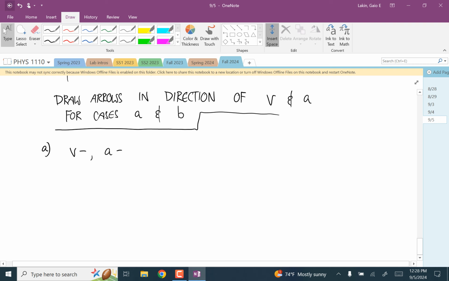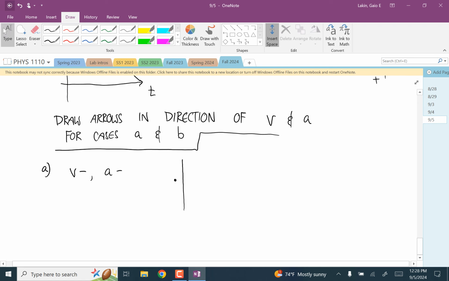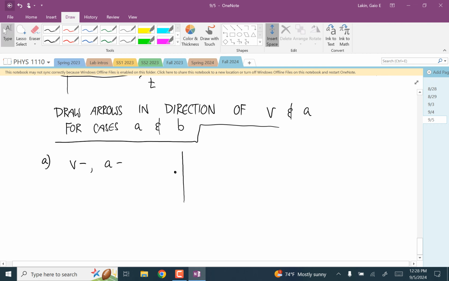And so now we want to represent this motion in the real world where we've chosen for part A the positive direction up and the negative direction down. The velocity is negative, and so the direction of the velocity is this.